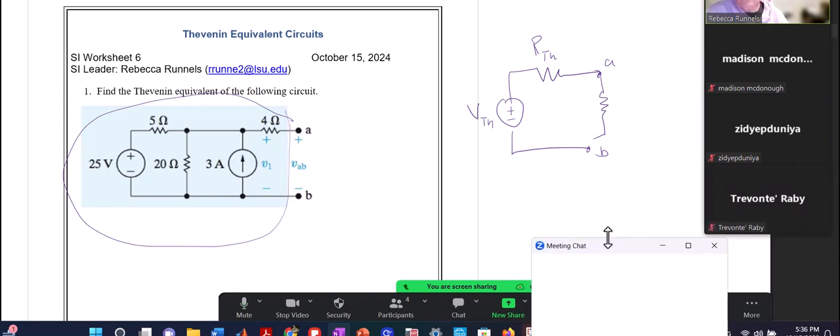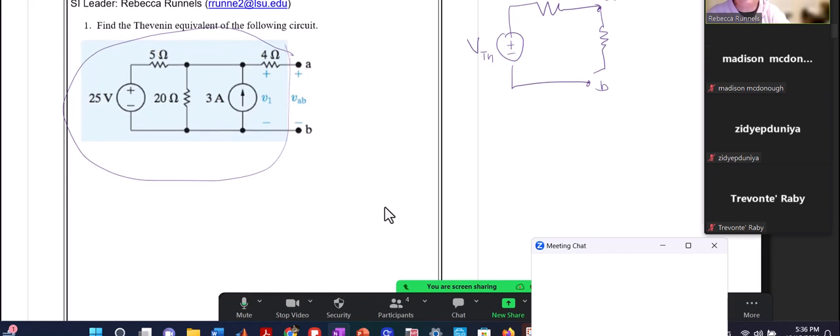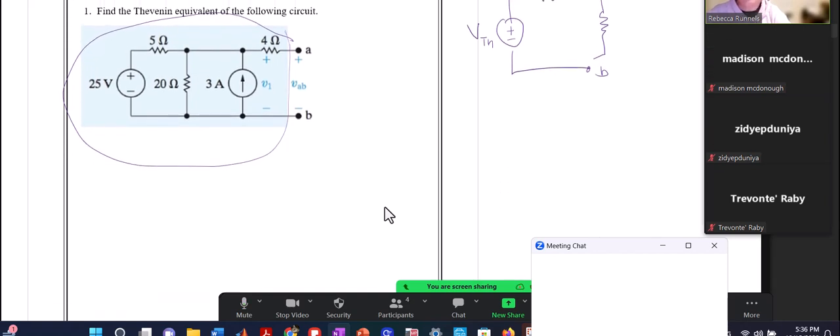So we want to find out, to the left of terminals A and B, what is the Thevenin equivalent of this circuit. In other words, if we reduce it to a single voltage source and resistor, then what would the values of those things be?